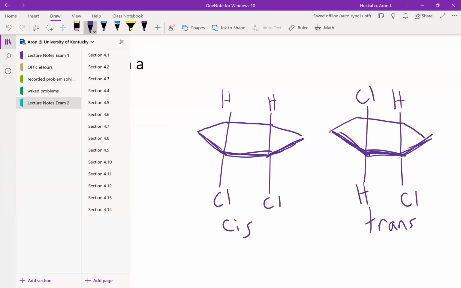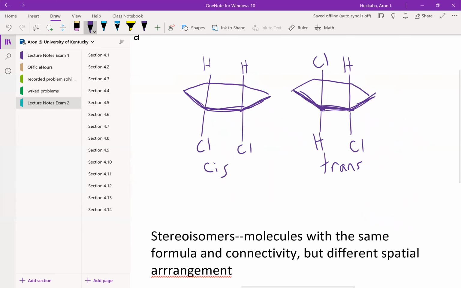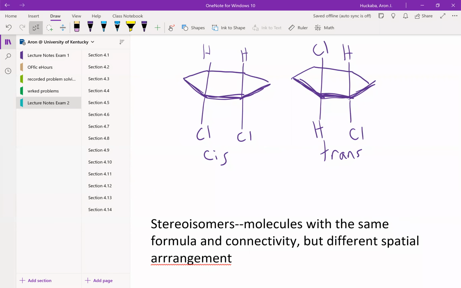And this type of isomerism was different than the constitutional isomers because here the connectivity between atoms is the same, but how the atoms are arranged in 3D space is different. And we called those stereoisomers, molecules with the same formula and connectivity, as is here, because the formula is C12345 H 2, 4, 6, 8, 9, 10, and Cl2.